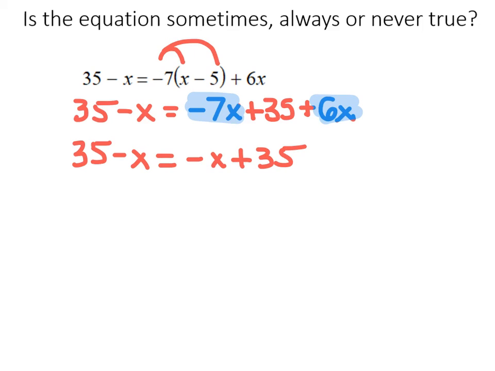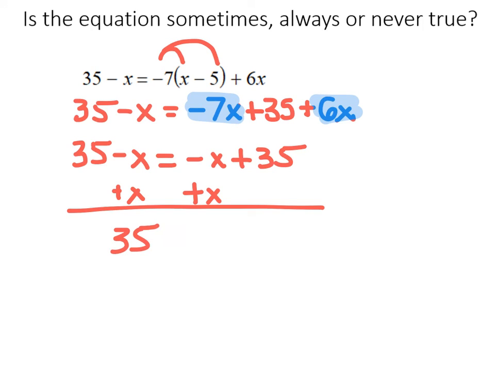So negative 7x plus 6x becomes negative x plus 35. Now I need to bring all the x terms to one side of the equation. So I'm going to move this negative x to the right side by adding x, or 1x, to both sides. So that'll become 35, and then negative x plus x becomes 0, and negative x plus x is 0, and the 35 carries down.